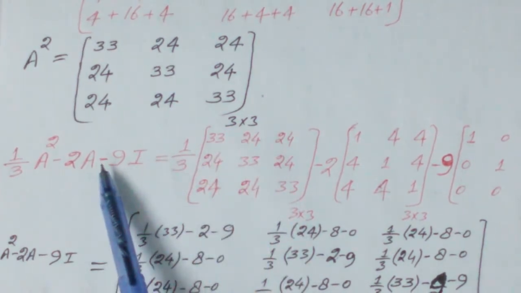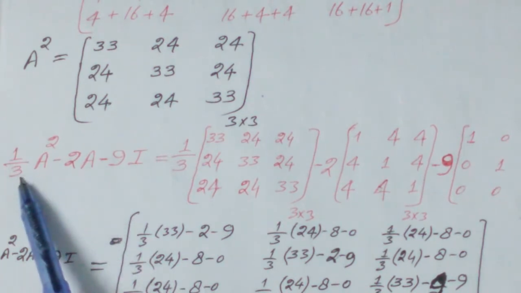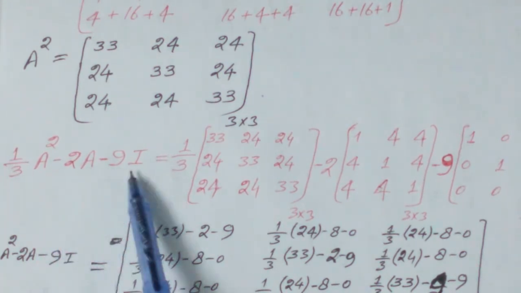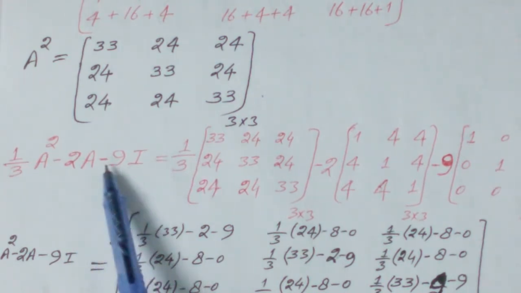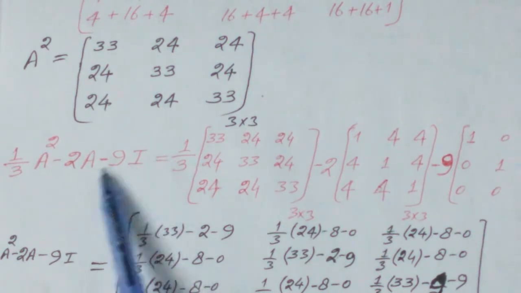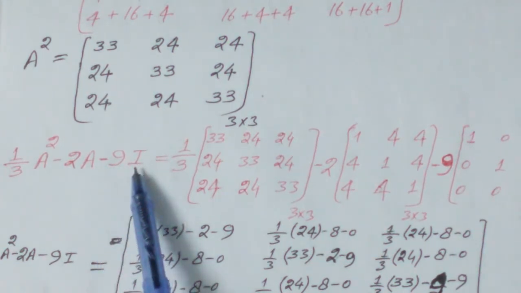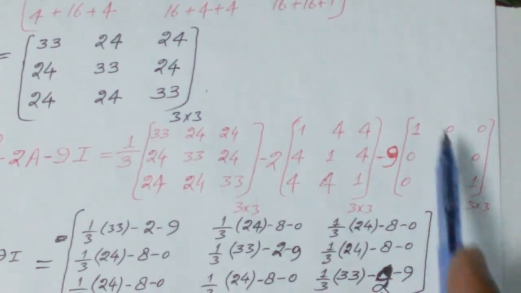The operator between 2A and 9 identity is minus, so the subtraction will be possible only when the order of 2A and 9 identity is the same. So the order of the identity matrix will be 3 cross 3.